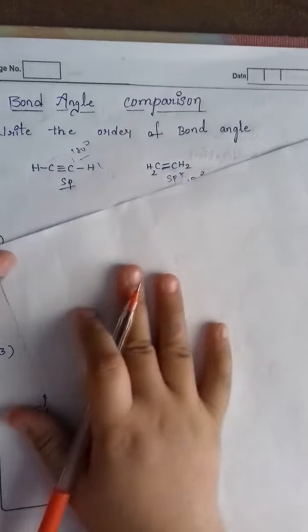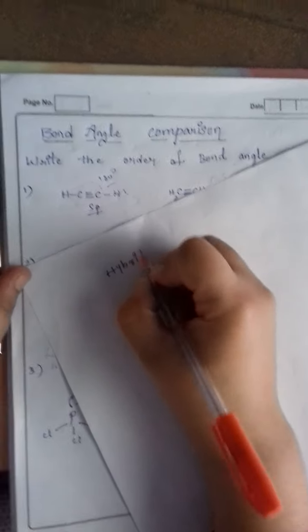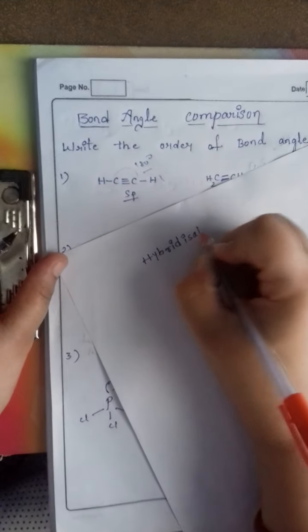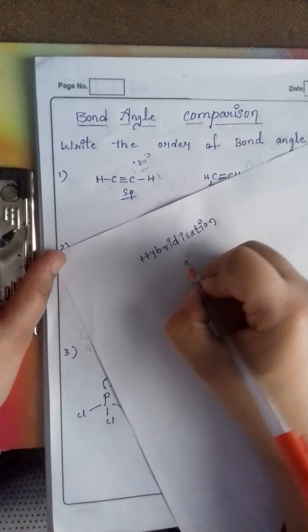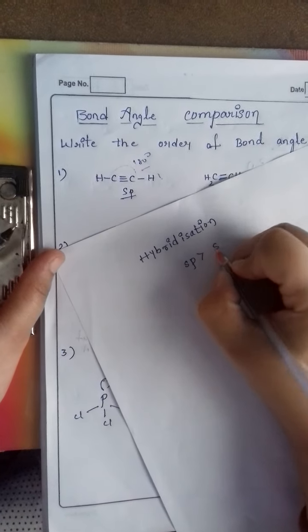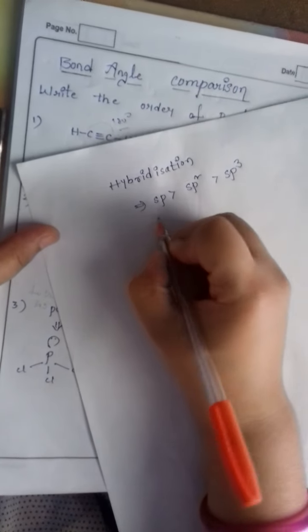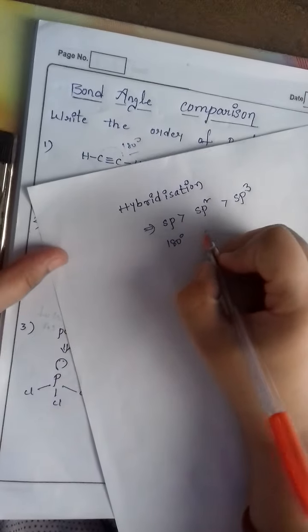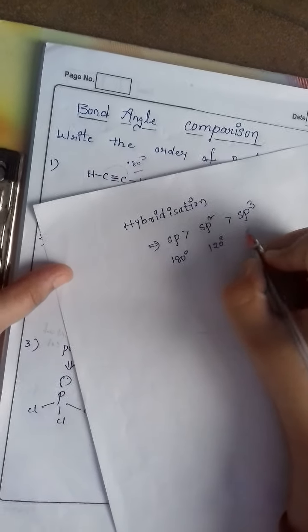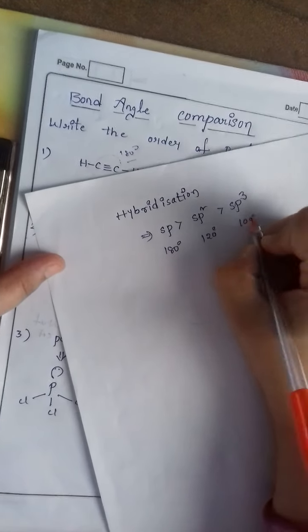The first trick is hybridization. The sp angle will be greater than sp2 and then sp3. Here 180 degrees approximately, here 120 degrees, and here 109 degrees something.